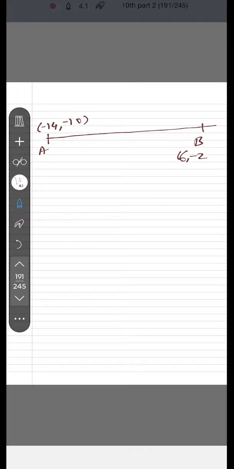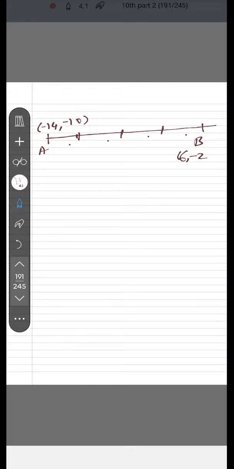Let's talk. The question says the segment is divided into 4 equal parts. So this is the first part, second part, third part and fourth part, all equal.